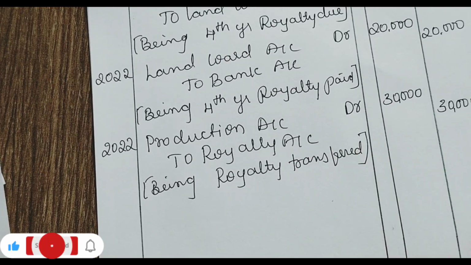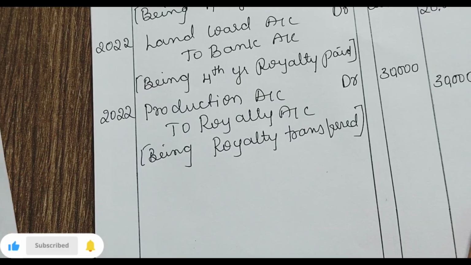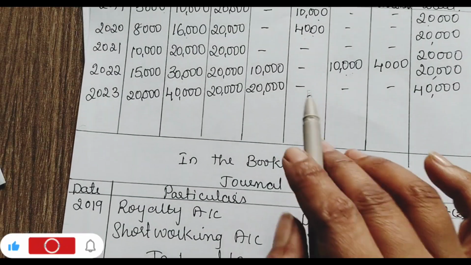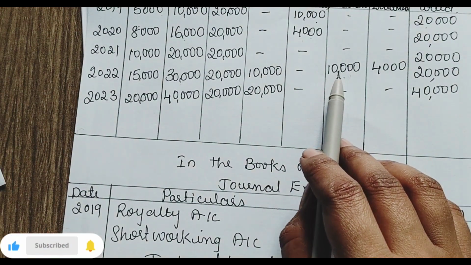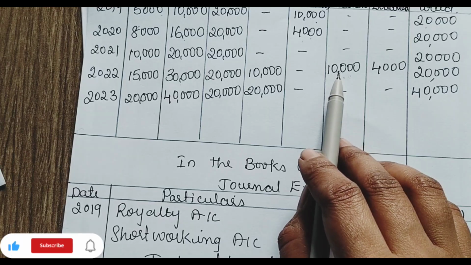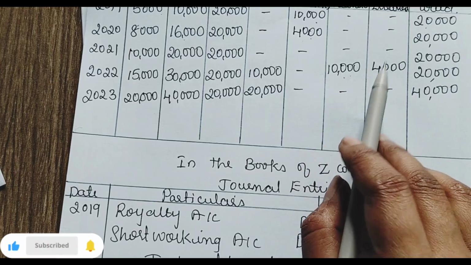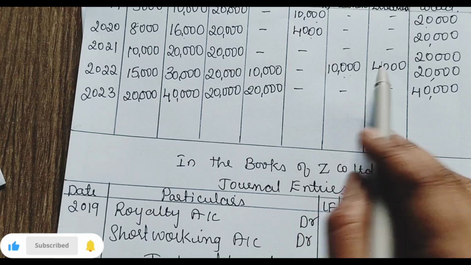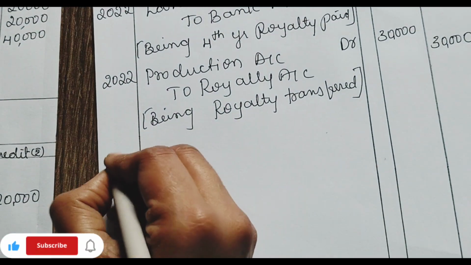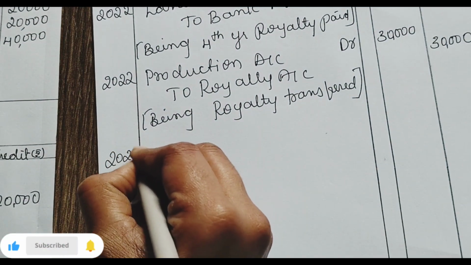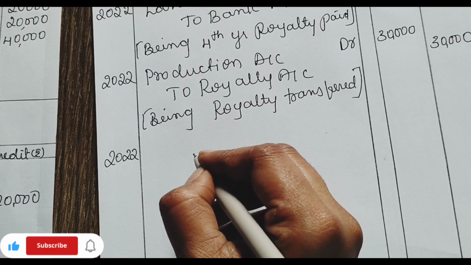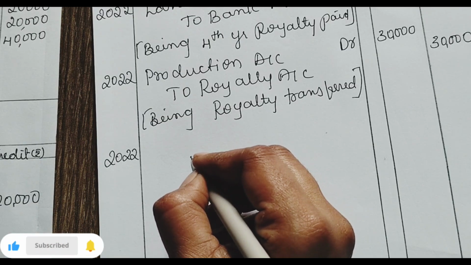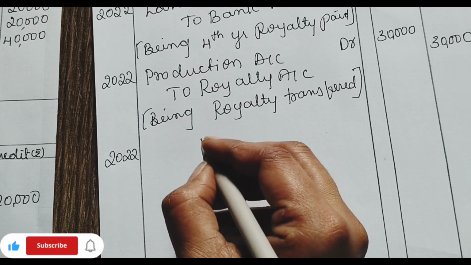Royalty transferred. Now, for this you have passed the entry for whatever recovered. Now, the unrecovered amount is there. For this also you need to pass the journal entry in the fourth year only. So whatever unrecovered is there, that you are transferring to which account? Profit and loss account.